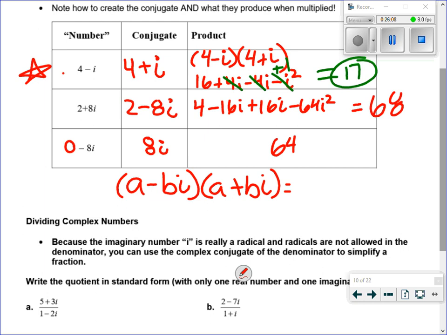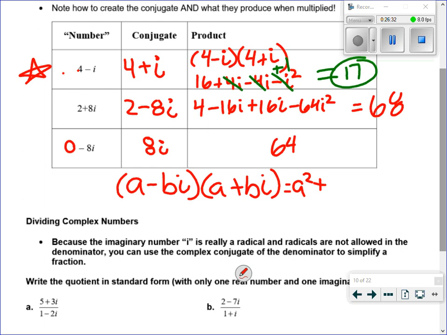Think about how we got 17. What do you think, Luke? A squared. A squared plus what? Okay, so looking here, we have our a squared plus, so here your a was 4, right? So a squared was 4 times 4, which was 16.